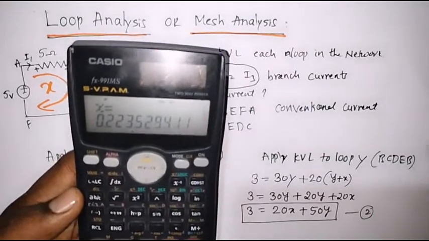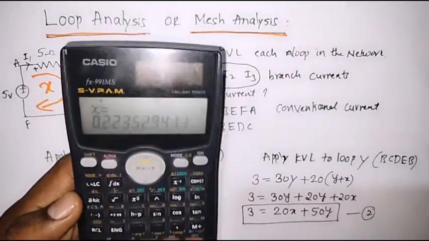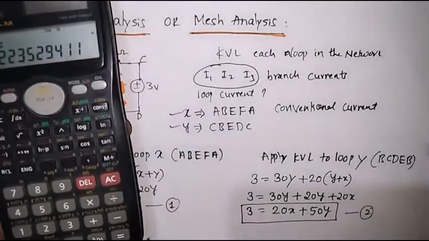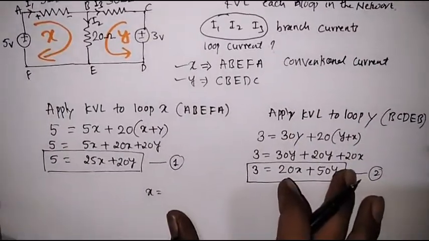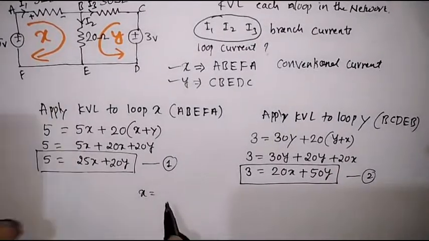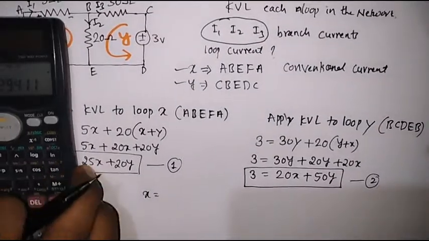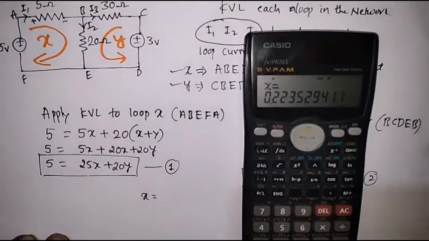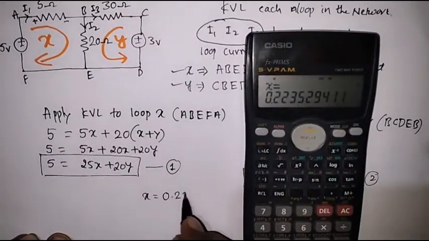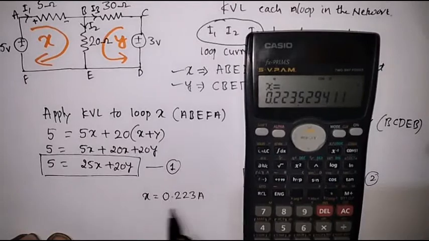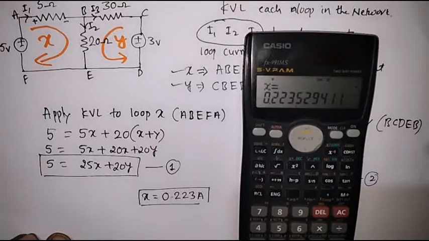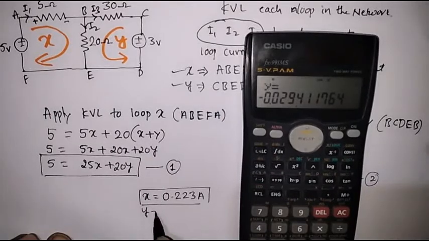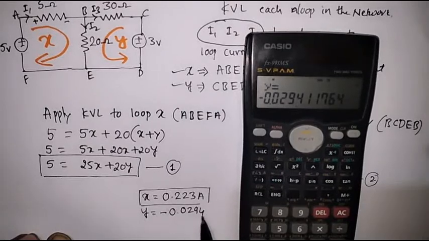After pressing equal, I got the first value, X is equal to 0.223 amps. Just press the equal sign once again, and Y is equal to minus 0.0294 amps.